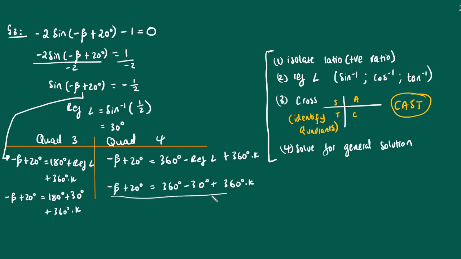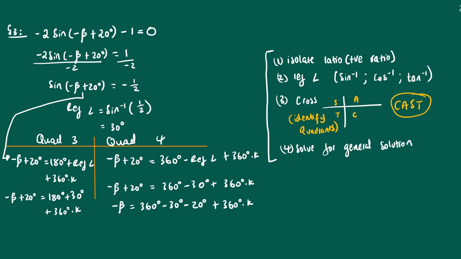I'm going to try and do it this side on the expanded version. Maybe let's simplify it first. Minus beta is equal to 360 degrees minus 30 degrees. Then I'm going to take this to that side, so it's going to be minus 20 degrees, and then you have 360 degrees times k.